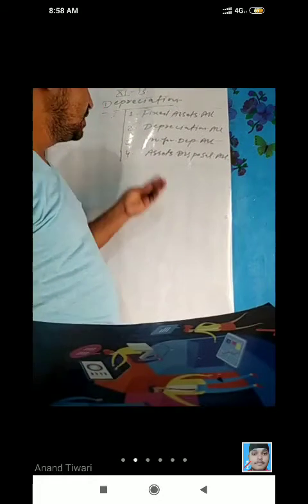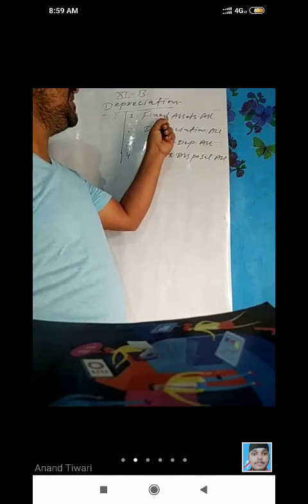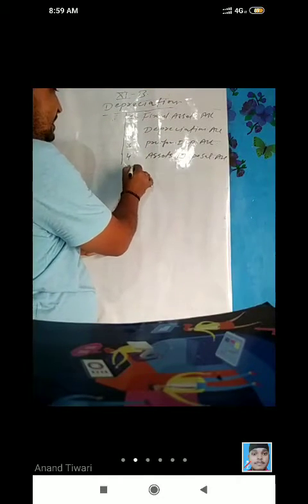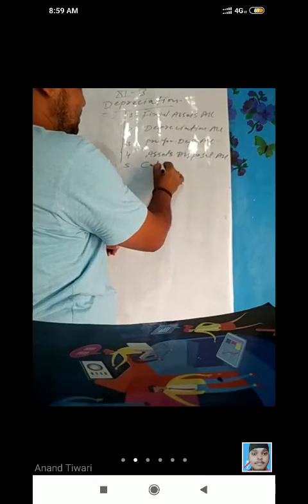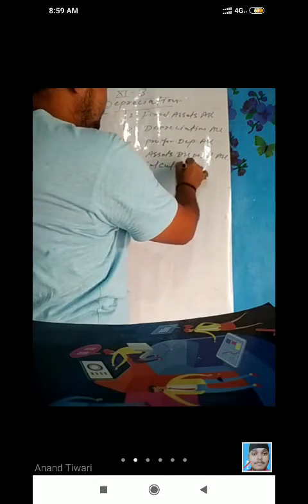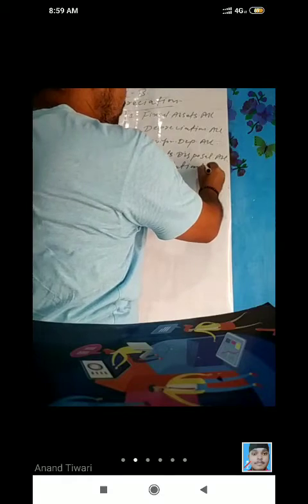Clear? So now, by giving one question, I am discussing how you would prepare fixed assets account, depreciation account, and also the fifth one, that is calculation. This is the working note. Clear? So look at that.